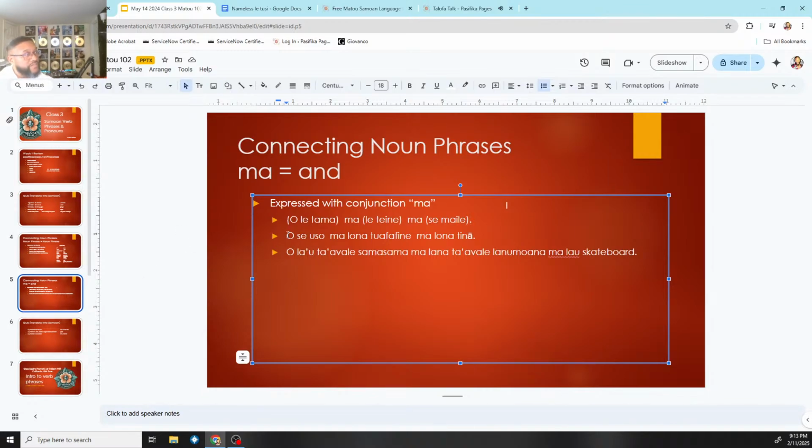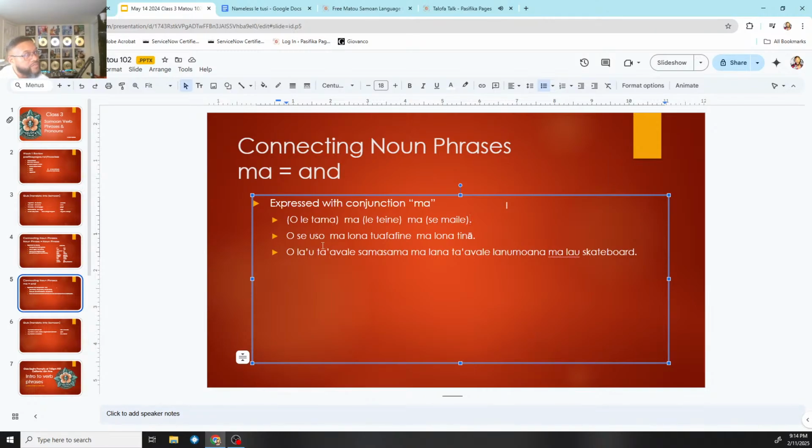Same thing for this. O se uso, so we have o se uso, which is the brother, ma lona tuofafine, and his sister. So tuofafine is sister. We'll get into the difference between uso and tuofafine and tuagane, so don't get hung up on that right now. The main thing is that if you want to connect different phrases, we just use the word ma.